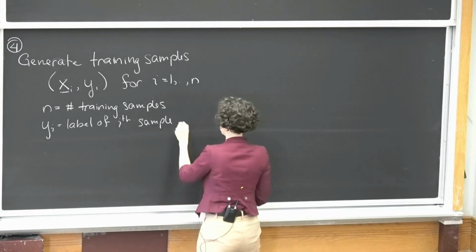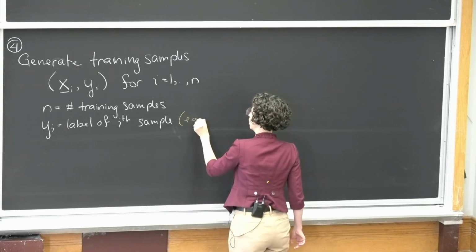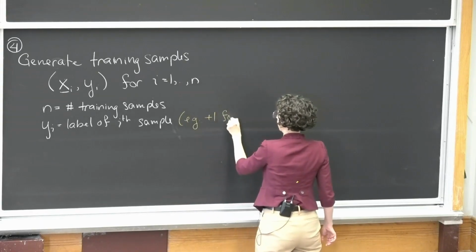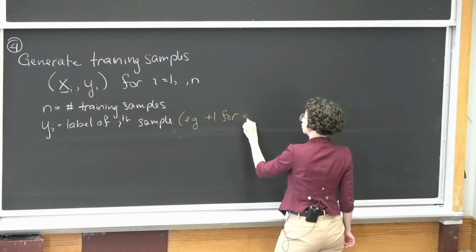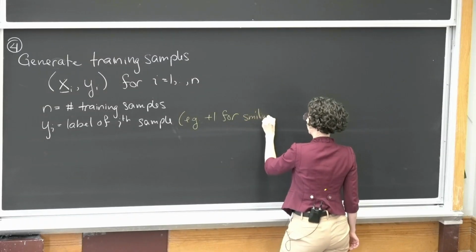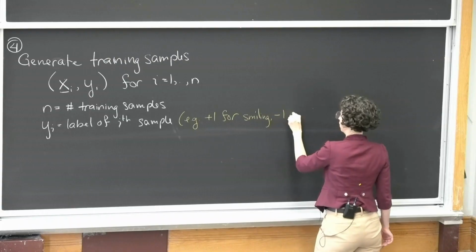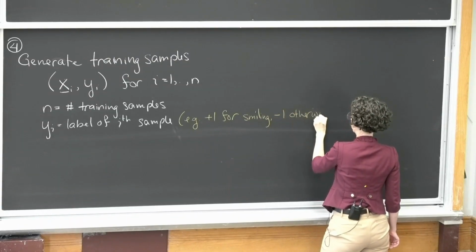So for instance, this could be +1 if the image has a smile in it, and -1 otherwise.